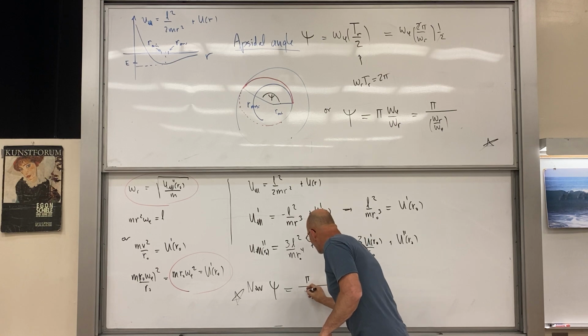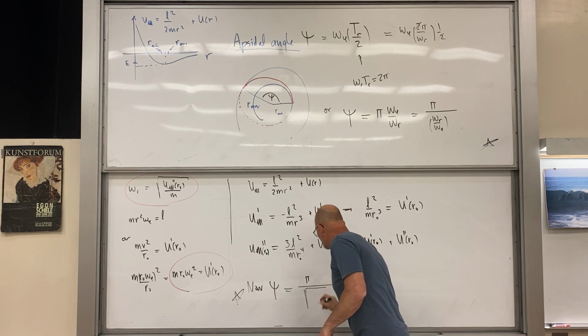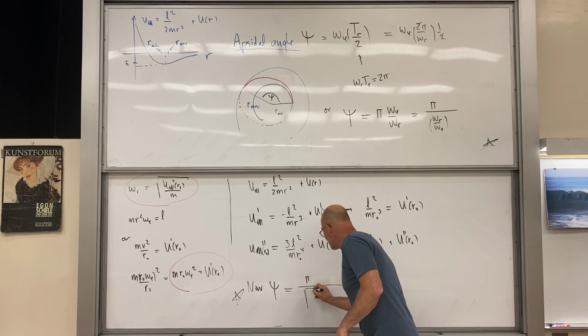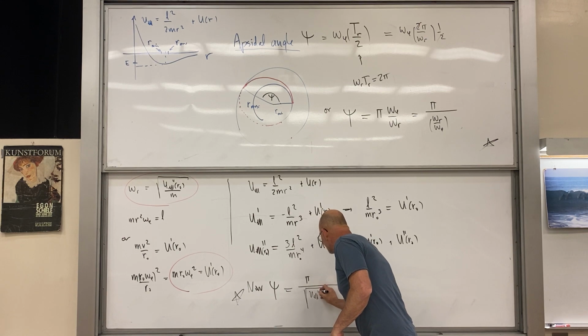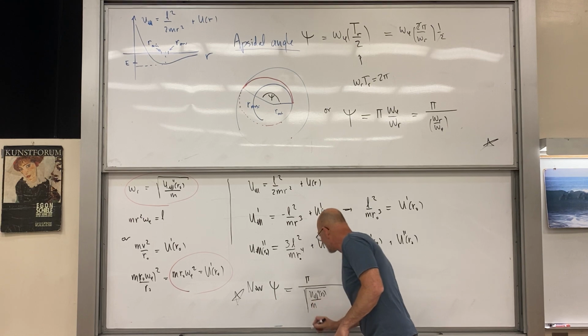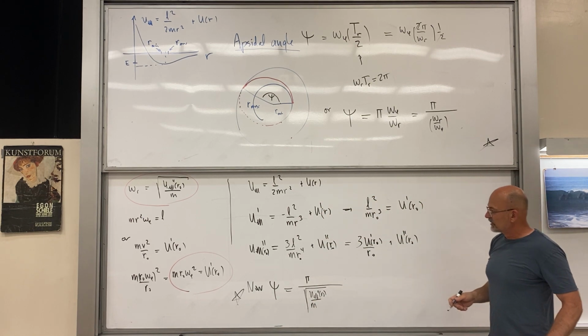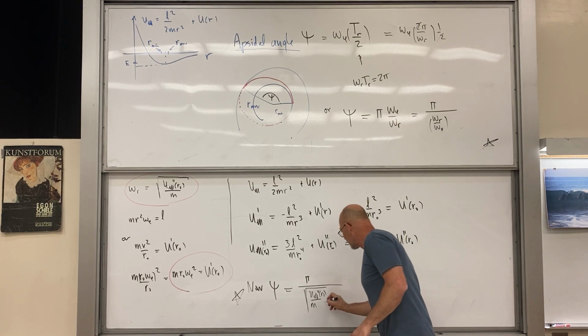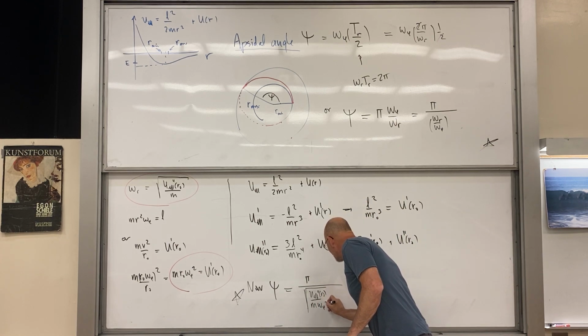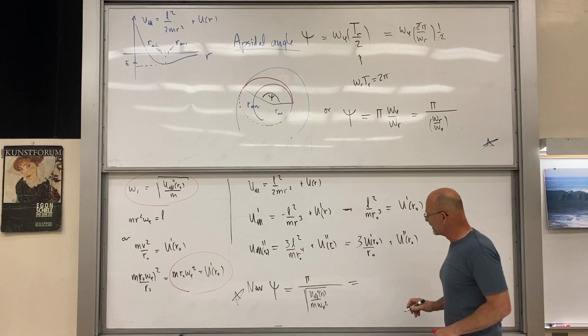Omega sub r is the root of u effective double prime of r0 divided by m. And then since we're dividing by omega sub phi, we could put omega sub phi squared in here and keep going.